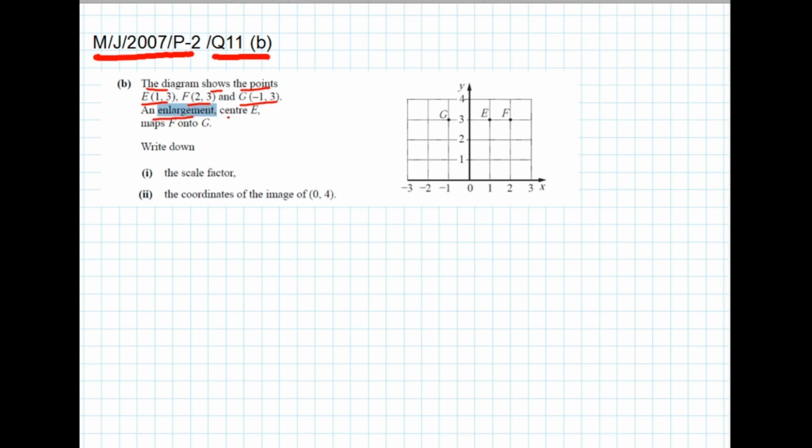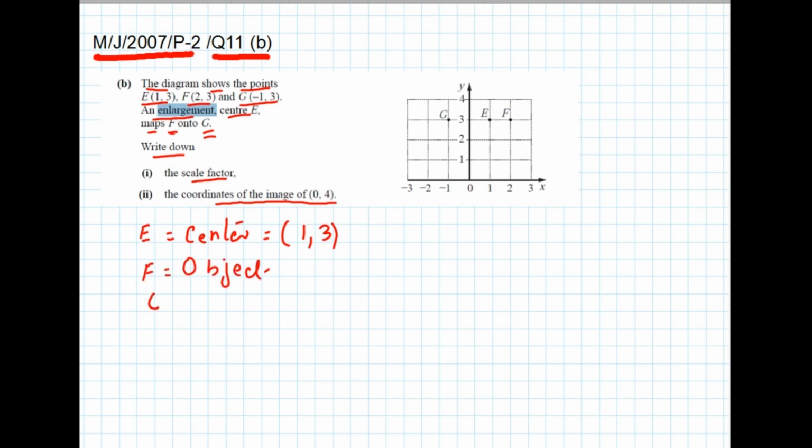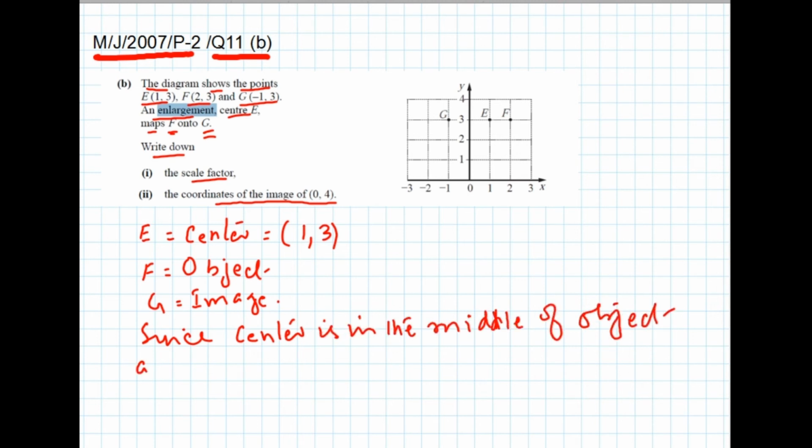An enlargement center E maps F onto G. Write down number 1 the scale factor and number 2 the coordinates of image of (0, 4). Here E is the center (1, 3). F is the object and G is the image. Since center is in the middle of object and image, so scale factor will be negative.